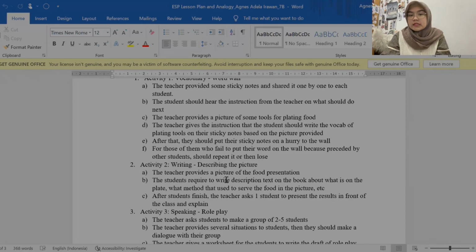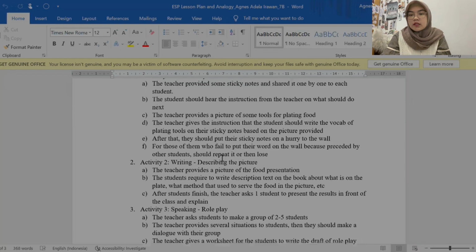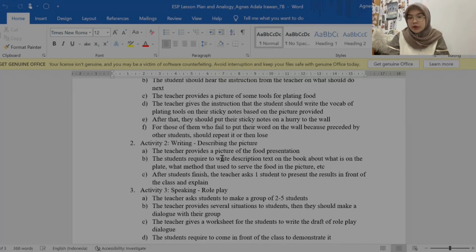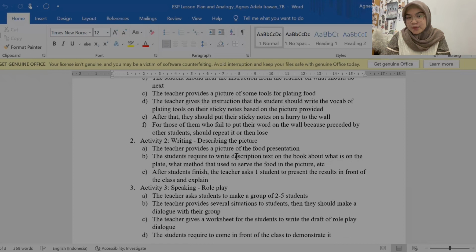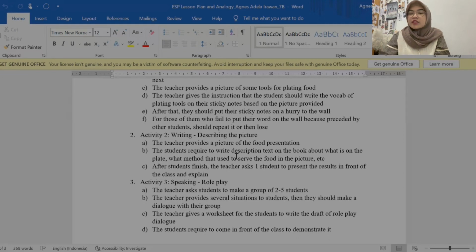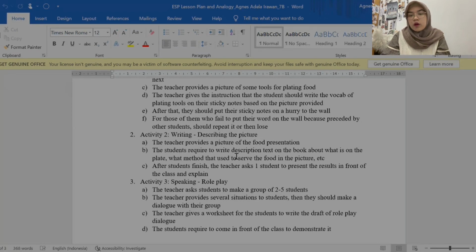And then the teacher gives the instruction that the students should write the vocabulary of plating tools on their sticky notes based on the picture provided. After that, they should go to the wall and stick the sticky notes there.